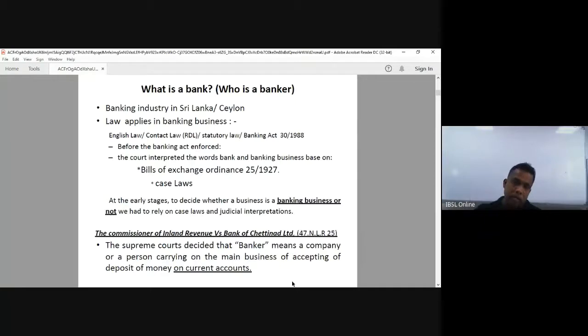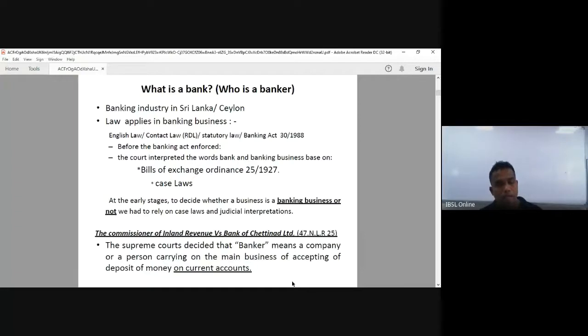So what happened when we introduced the banking industry to the country? It is a whole new thing to the country. We had a legal system, a legal structure, a judiciary structure. We had a Sinhalese law system. Then the Dutch people introduced the Roman Dutch law.